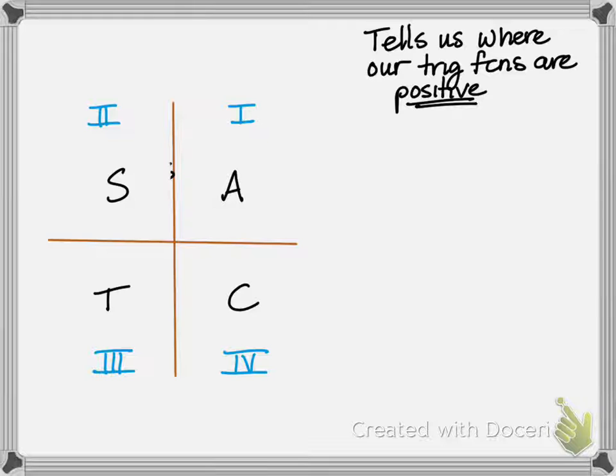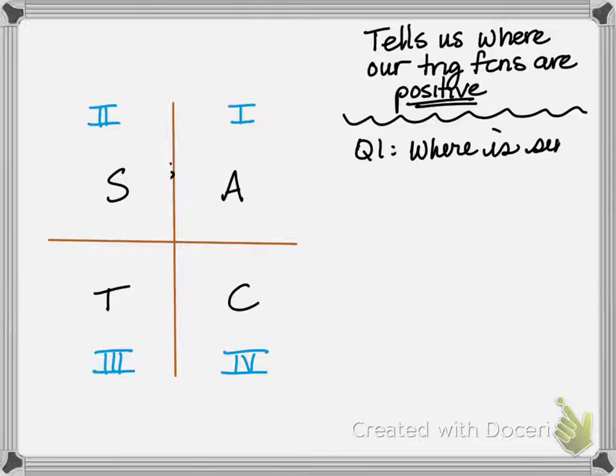So here's how it works. Here's question number 1. Where is sine positive? Well, the letter A tells me that sine is positive in the first quadrant because A stands for the word all.